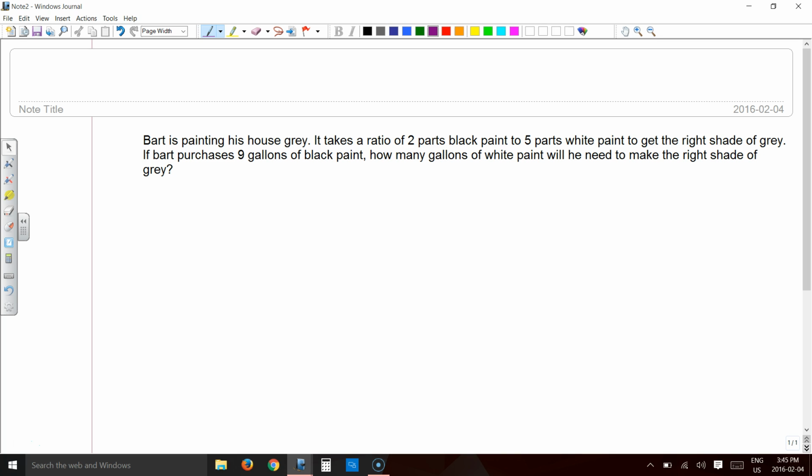First thing I like to do in a situation like this is get a sense of what are the important pieces of information in the question. So as I scan along here, the first thing that's important is that it takes a ratio of 2 parts black to 5 parts white to make the right shade of gray. So I'll put a little underline there, 2 parts of black paint to 5 parts of white paint.